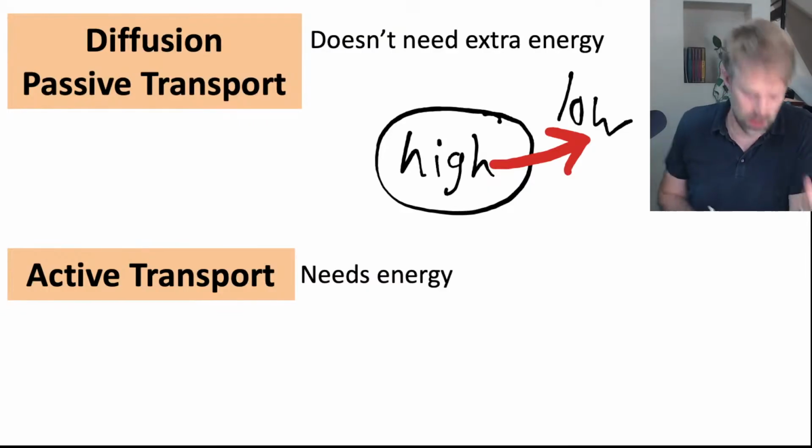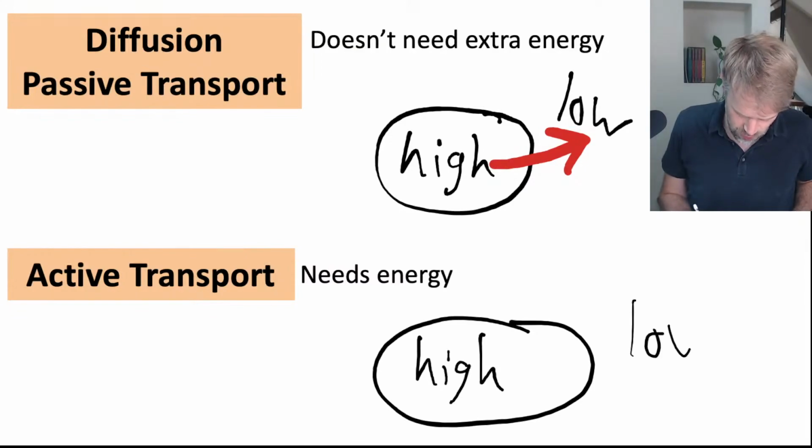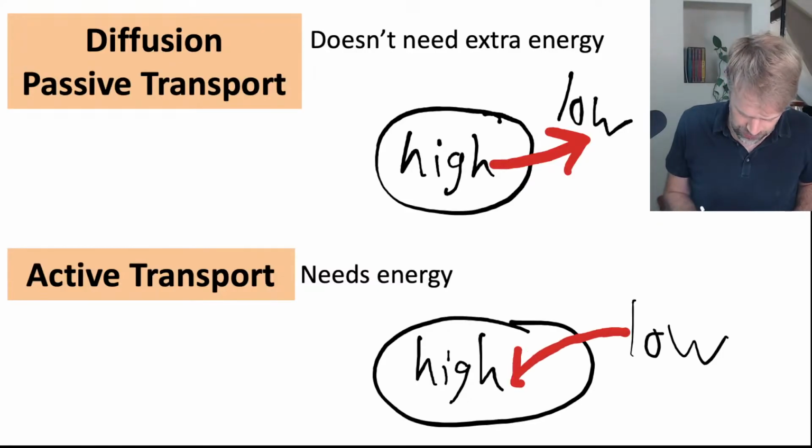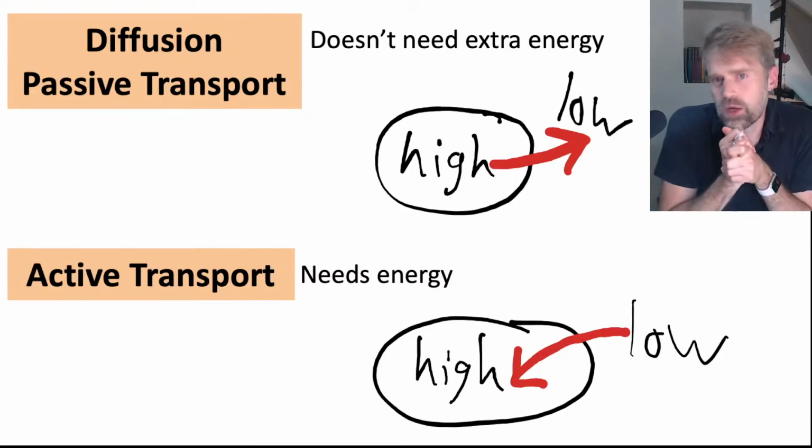It does it on its own. You need energy if you want to take something with a low concentration and bring it into an area with high concentration. Things naturally move from high to low. They don't go from low to high.